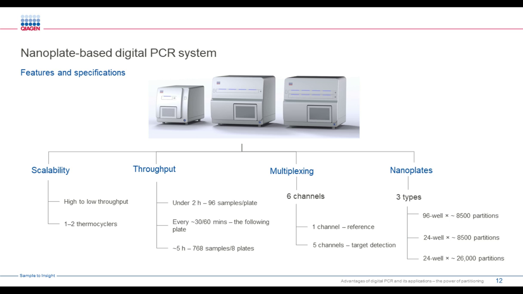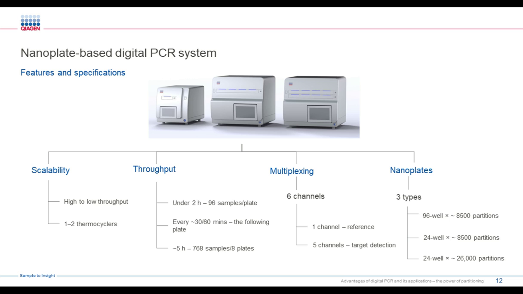When we look at the offering, the QIAcuity systems from QIAGEN, you see that we have 3 formats. We have 2 smaller systems, which have 5 target multiplexing and 2 target multiplexing. The other 2 are a 4-plate system, which can run 4 plates simultaneously, and an 8-plate system, which can run 8 plates simultaneously.